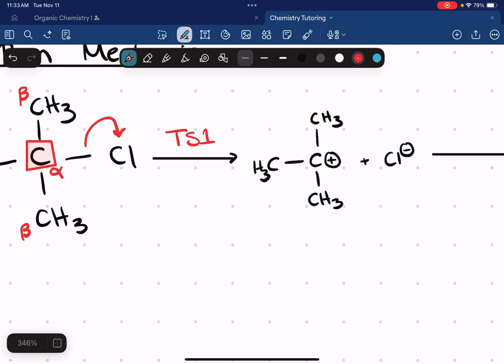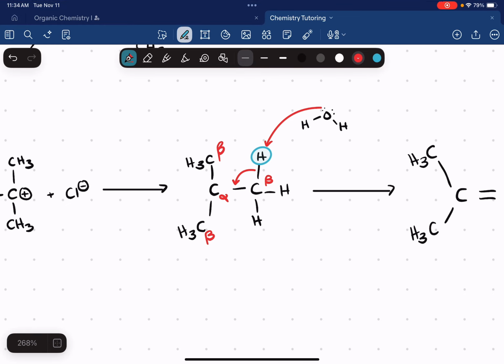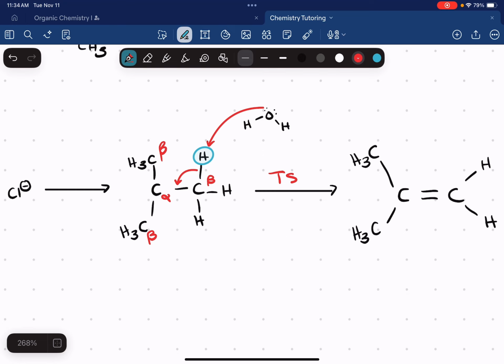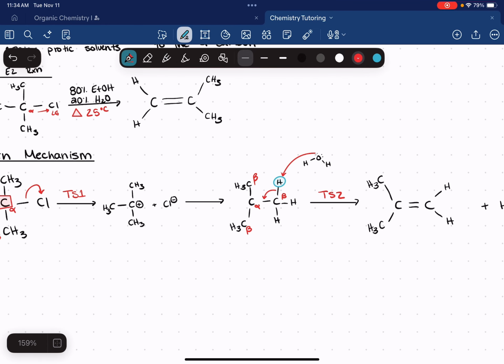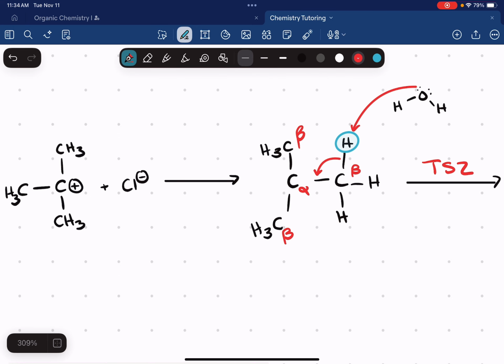This is an actual step. This wasn't a real step. It was just me restructuring our molecule so we could see what was happening. This is transition state 2, right? Because something actually changed within the molecule. This one I was just reshaping so we could see it a little bit better as far as the hydrogen goes.